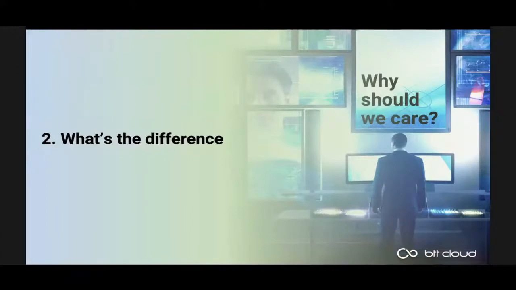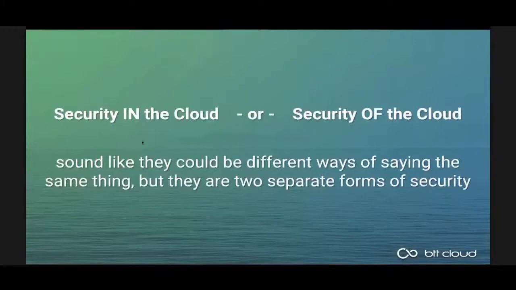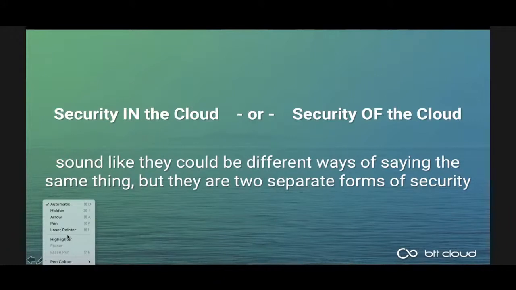When we say security in the cloud, I emphasize the "in" part of the sentence. Why should we care, and what is the difference between security in the cloud versus security of the cloud? If you saw these in some article, you probably wouldn't even notice the difference.